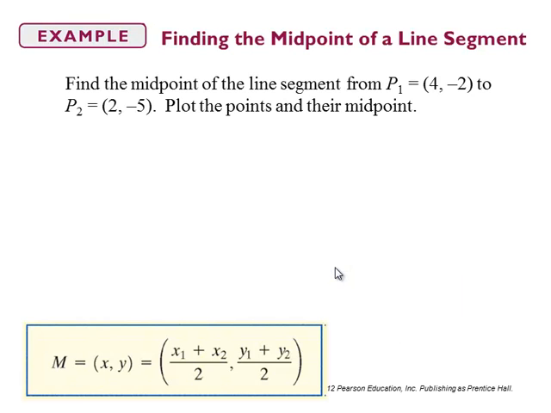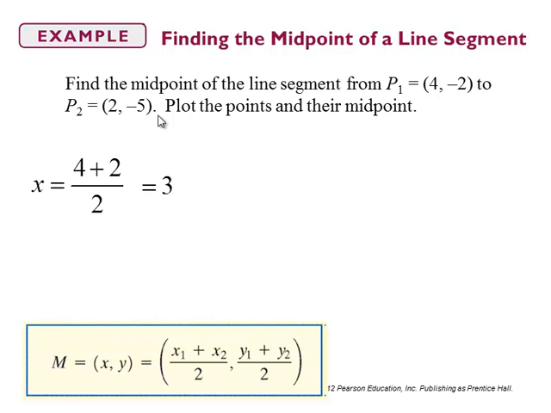So here's an example. Suppose that we have a point P1 with coordinates (4, -2), and a second point with coordinates (2, -5). What are the points plotted on the grid? And we're going to also plot the midpoint.